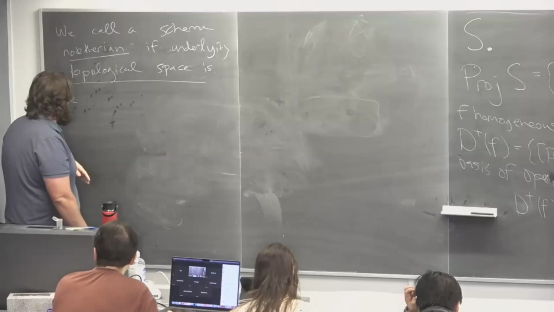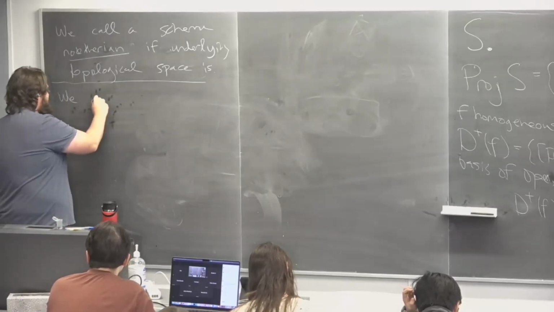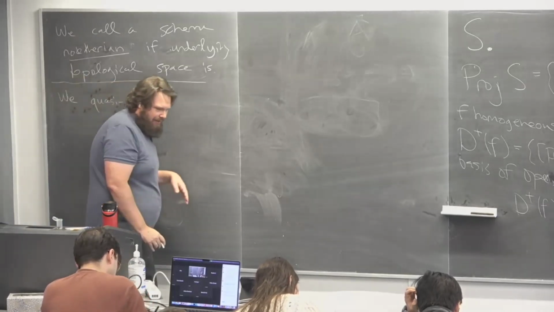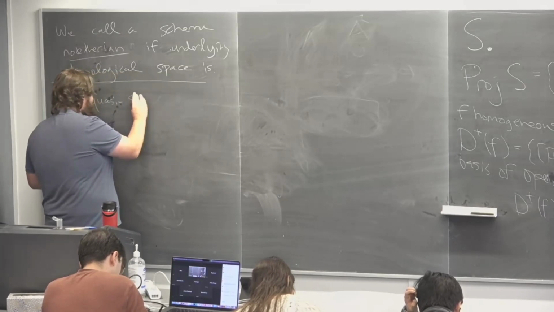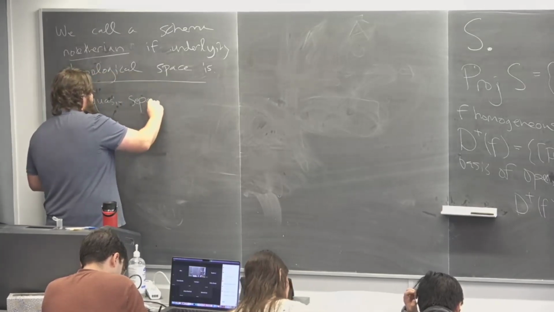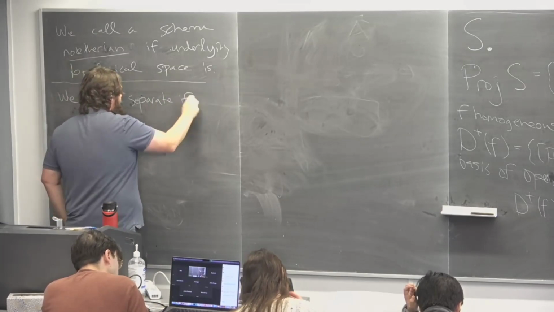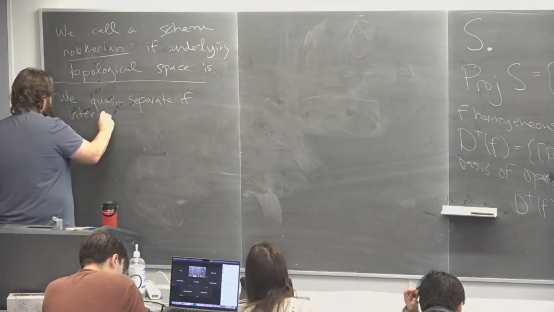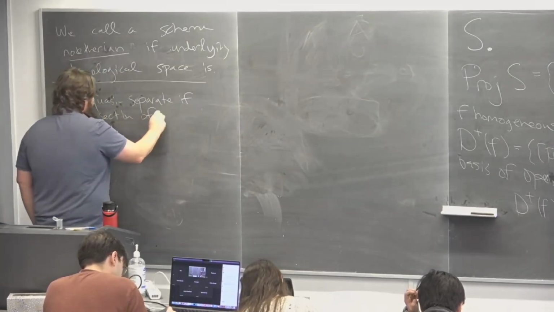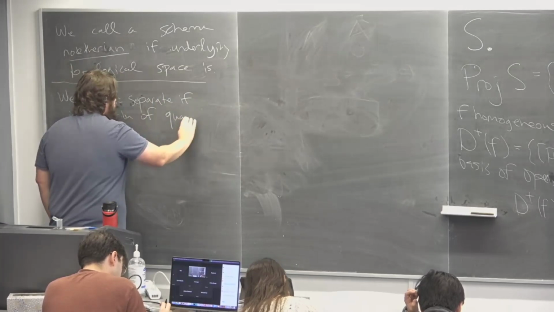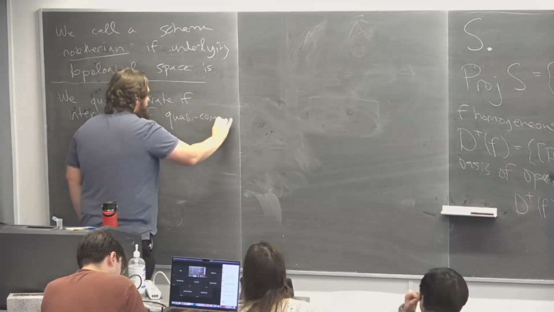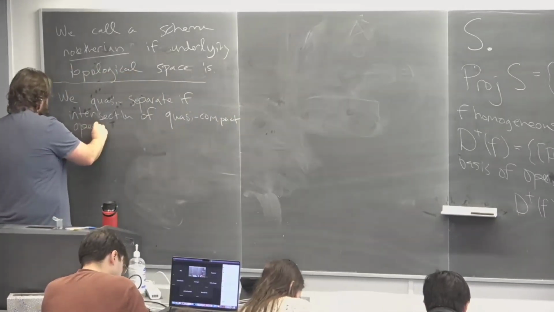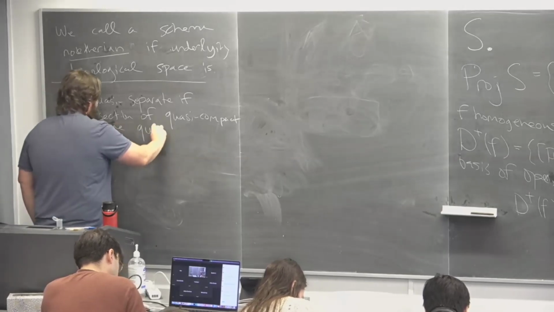This one is more debatable whether you really need to worry about it, but it is important for more easily checking some other properties. So we call a scheme quasi-separated if the intersection of quasi-compact opens are quasi-compact.